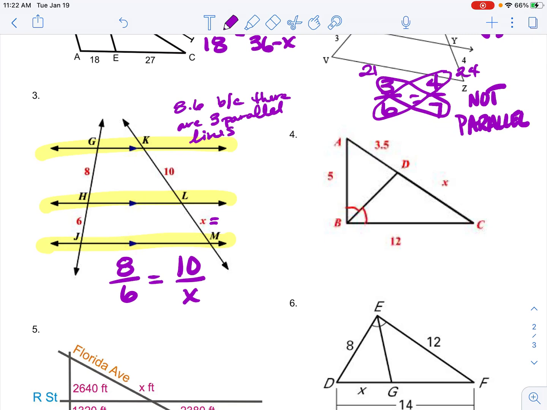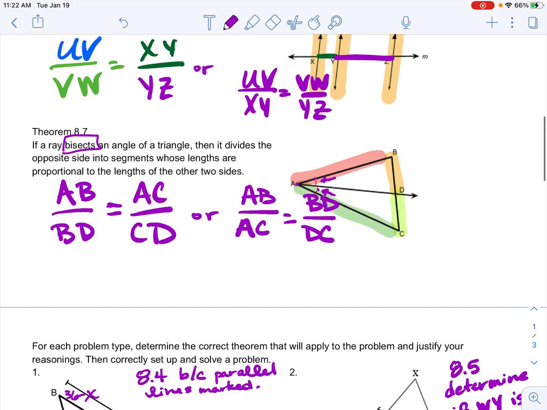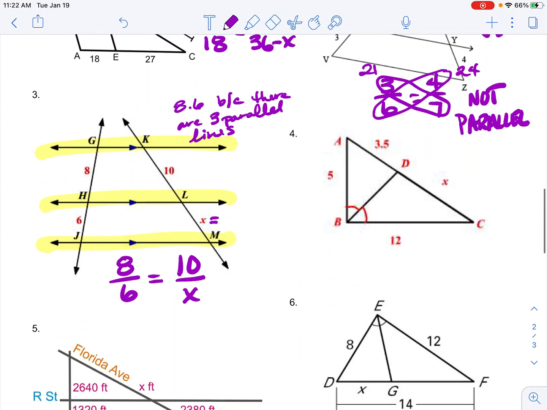Okay, and number 4. Well, on number 4, I see 2 angles that are equivalent. So I'm looking at theorem 8.7. And why am I using 8.7? Because the angle is split in half. Angle B is split in half.